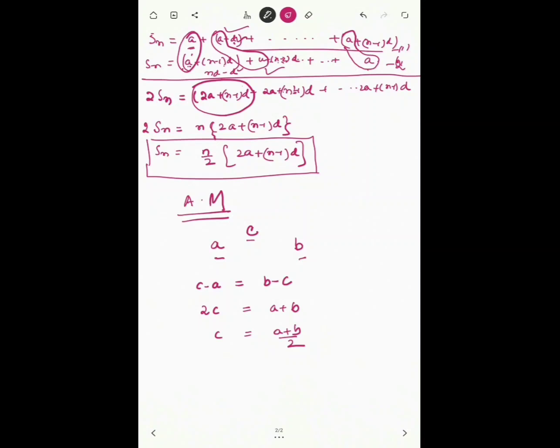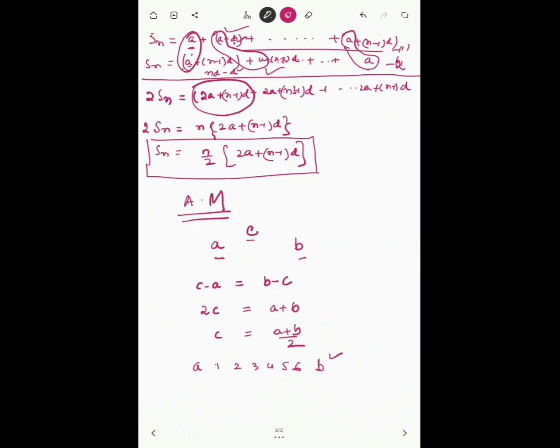But if we want to insert, say, between A and B, 6 terms, 1, 2, 3, 4, 5, 6, like that, now B will be the 8th term. This is known as the insertion of arithmetic means, right? So we have to derive that formula.